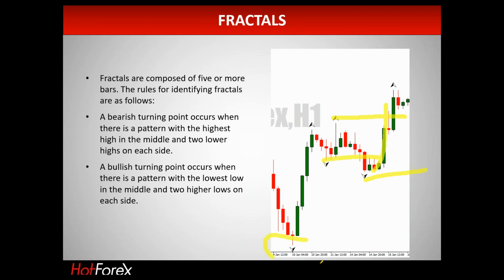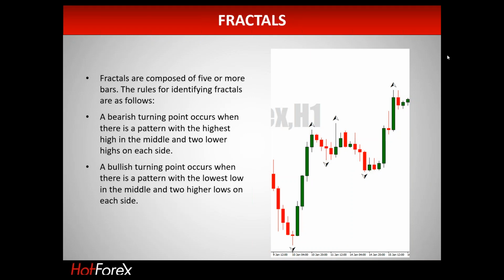But this is also a lagging indicator, and a lagging indicator has one disadvantage: it only comes out after 2 candles have moved. This is the limitation of the fractal. But if we combine it with the Alligator indicator, it can give us very useful information for the entry point.